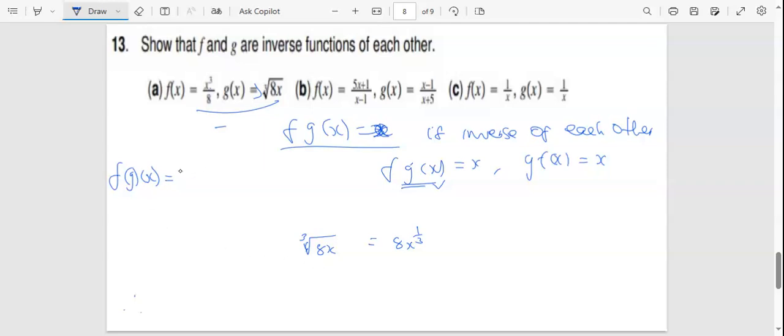Okay, so I'll put wherever there's x, I'll bring that one and put it where there's x there. All right, or I can write in this form.